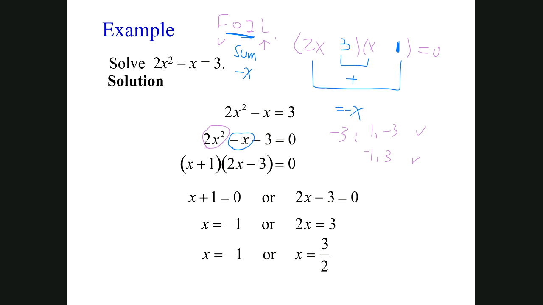Okay, so look at it. You have a 2x times 1, which gives you 2x. My 3 times x here gives you 3x. So that's how I figure out the numbers here. 3 times the x, I get a 3x. 2x times 1, I get a 2x.